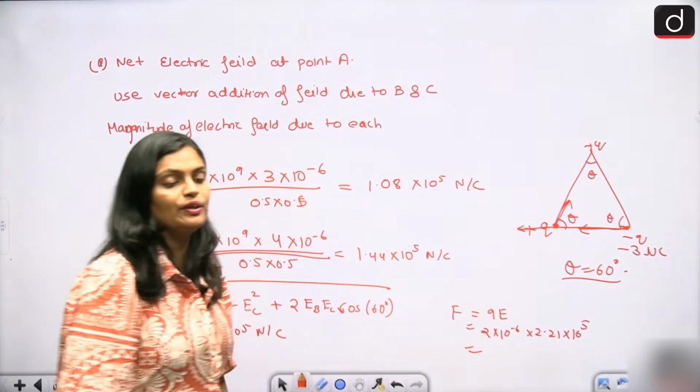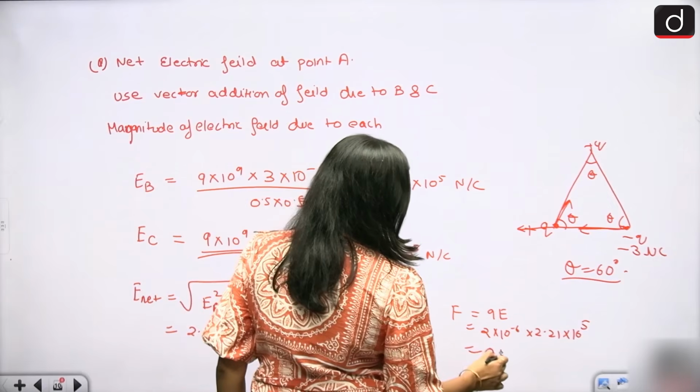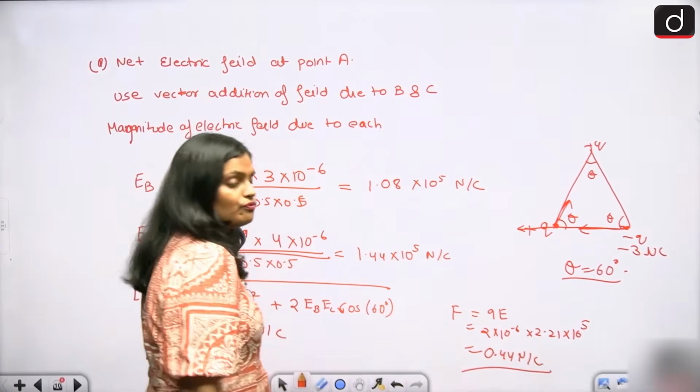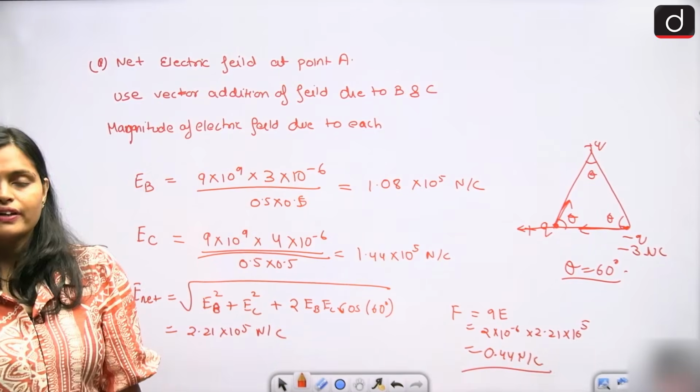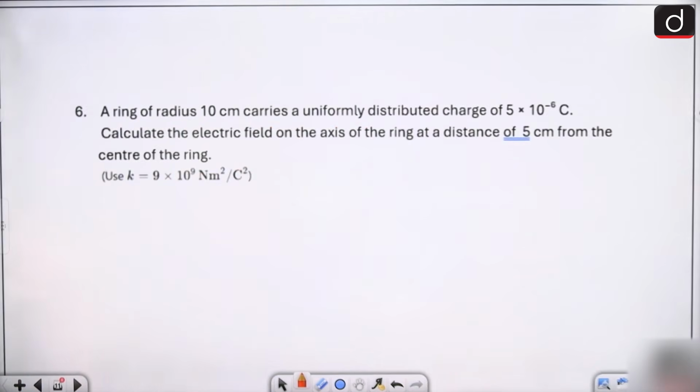So when you solve it, what will you get? 0.44 Newton. So this is the force. इसको एक बार खुद से solve करिए. Try to solve it by yourself and get the answer. Okay, try to practice solving numericals, guys.